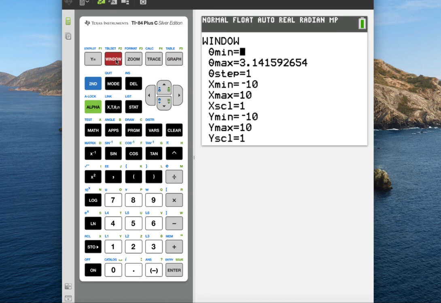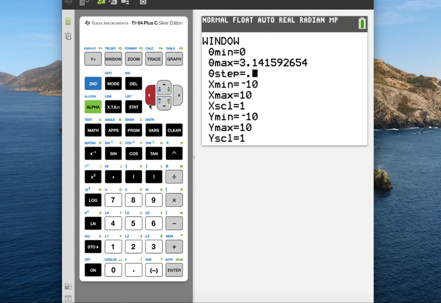Or in other words, if I was making a table, it would mean that I would be making a table with theta equals 0, theta equals 1, theta equals 2, and so on. And that's not going to give you a very accurate picture when once around the circle is just 6.28. So if you ever are getting something weird, check your theta step, and that should be a lot smaller.